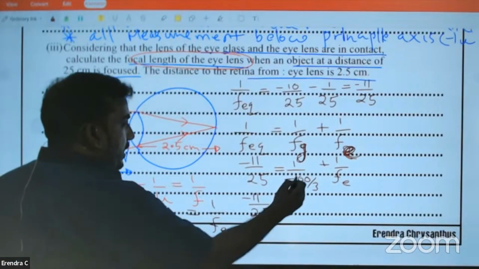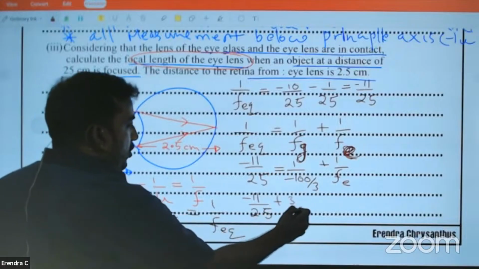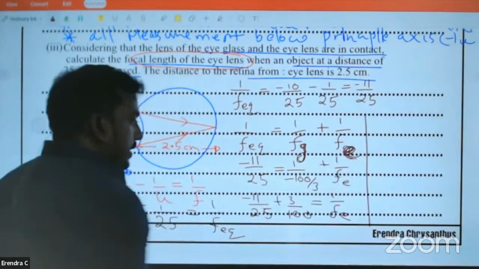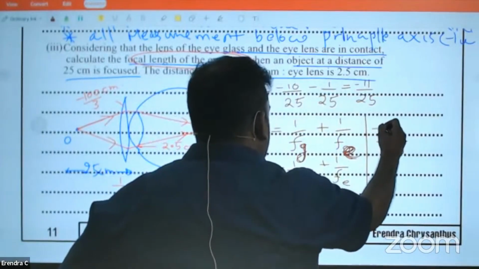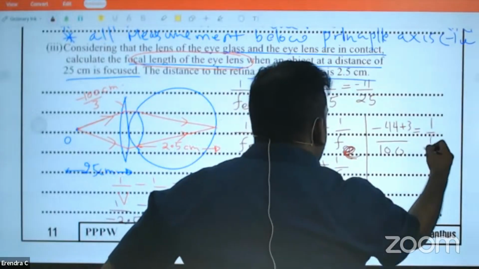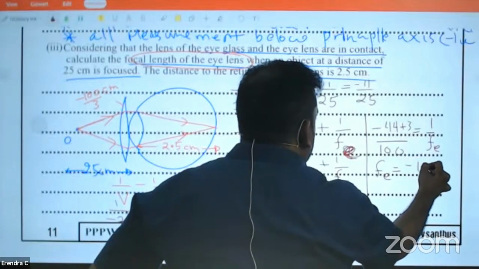Minus 11 over 25 equals minus 3 over 100 plus 3 over 100, focal length of eye. Common denominator is 100. So 44 plus 3. Focal length of eye is minus 100 divided by 41.